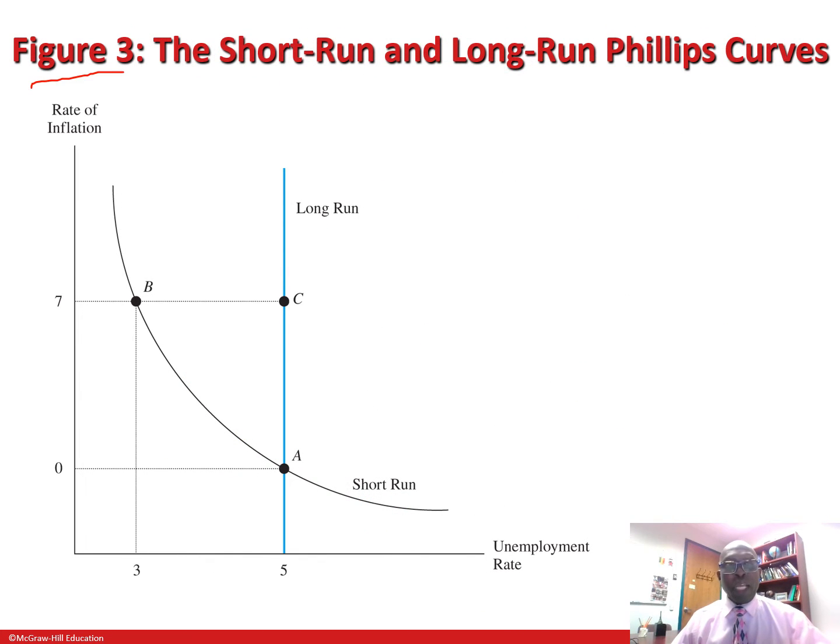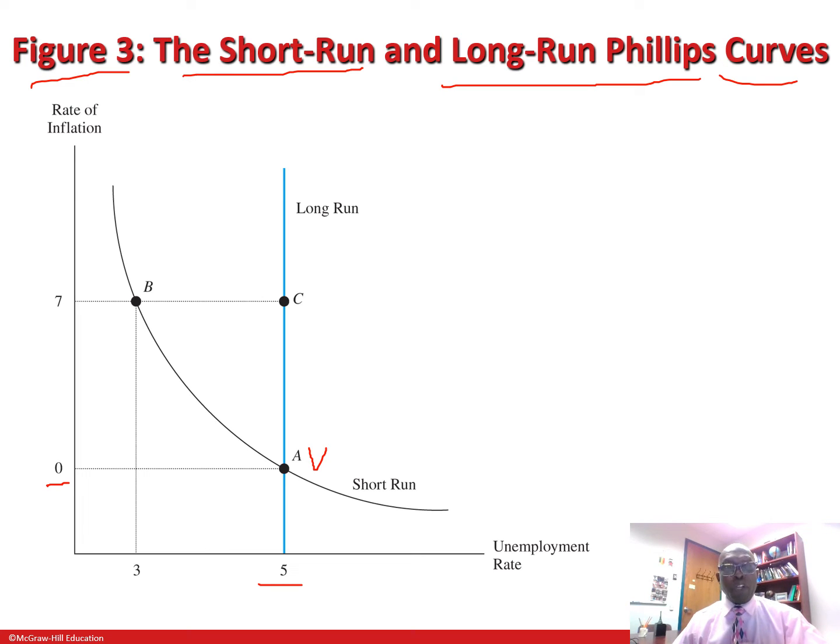Figure 3 illustrates the short run and long run Phillips curve. Let's initially start with the economy beginning at point A, where inflation is equal to 0 and the unemployment rate is equal to 5%.